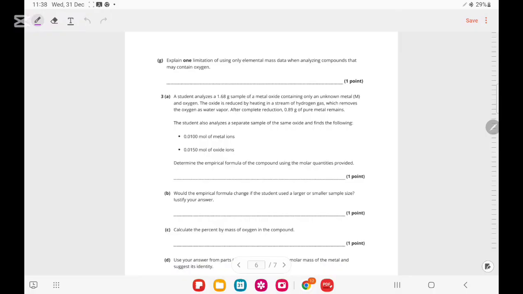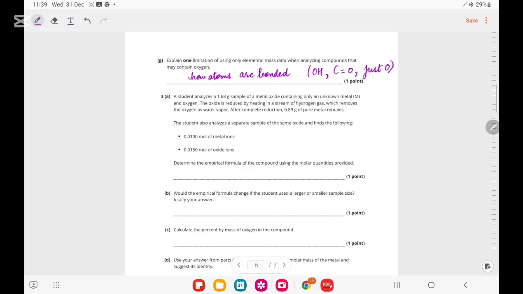In the next question, they say explain one limitation of using only elemental mass data when analyzing a compound that may contain oxygen. So we can say that it only gives us the information about the elements present, but it doesn't give us the data about how atoms are bonded, whether it has OH, whether it has carbon double bond oxygen, whether it's just oxygen.